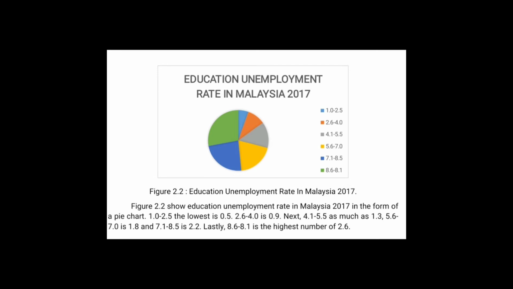Next, class 4.1 to 5.5 is 1.3. Class 5.6 to 7.0 is 1.8, and class 7.1 to 8.5 is 2.2. Last, class 8.6 to 10 is the highest at 2.6.